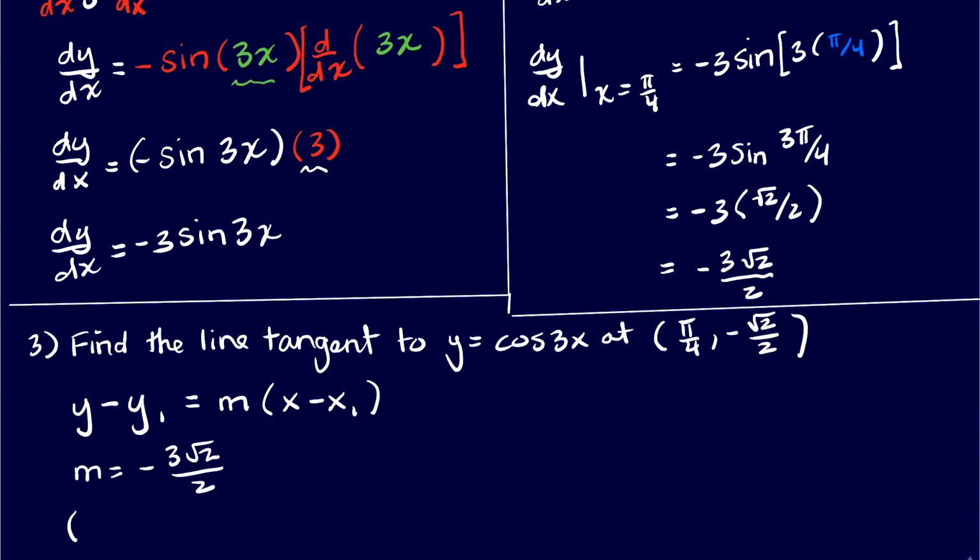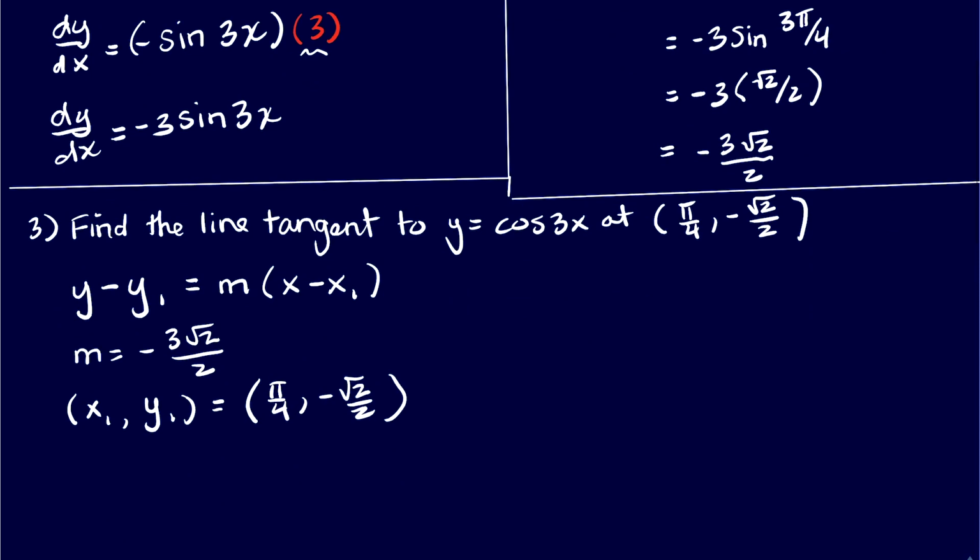And then x1, y1 is the ordered pair that we were given, which was pi over 4, comma, negative root 2 over 2. If you hadn't been given the y value, you could find it by plugging in that original pi over 4 into the original equation.